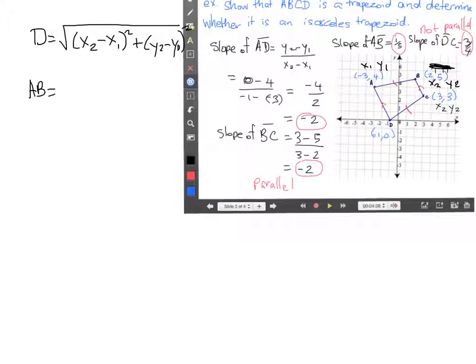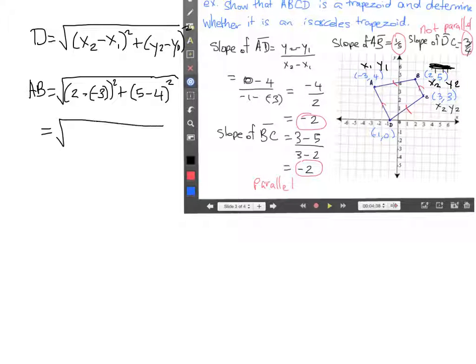Length of AB is equal to X2, which we know is 2, minus x1, which is negative 3, squared, plus y2, which is 5, minus y1, which is 4, squared. So simplifying further, we get 5 squared plus 1 squared, square root of that, of course, and overall we get the square root of 26. All right, so that's the length of AB.